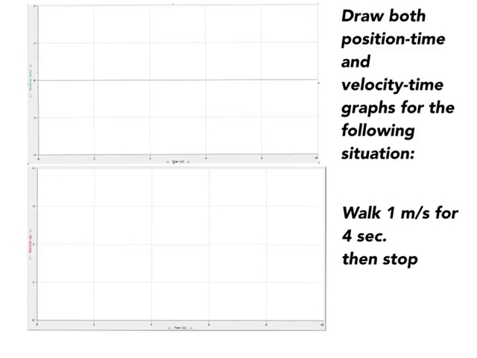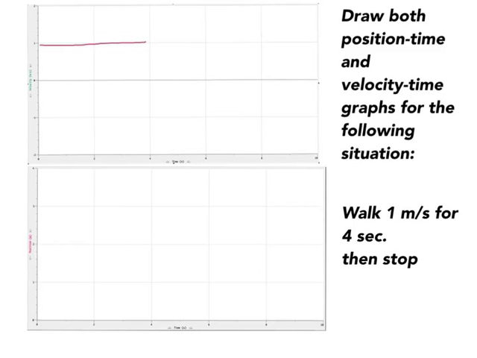So it tells us that we need to walk 1 meter per second, constant speed, for a time of 4 seconds. So to do that, on my velocity graph, I'm going to find positive 1 meter per second. And I'm going to find, here's 4 seconds right here. So let's draw 1 meter per second for 4 seconds.